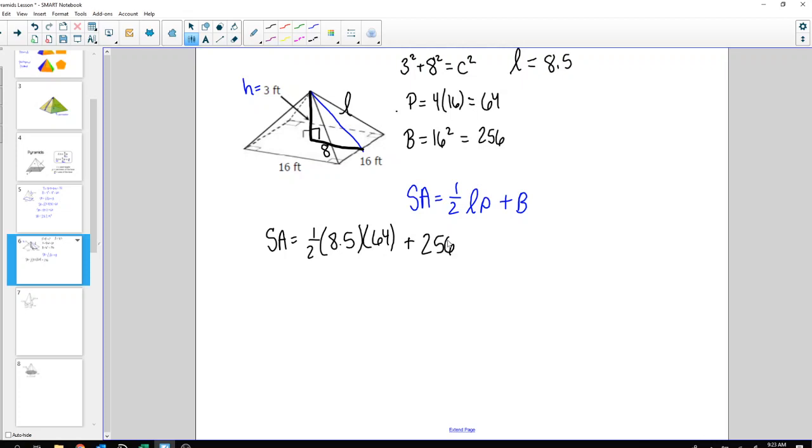So 1/2 times 8.5 times 64 is 272, plus 256 gives me a surface area of 528 units, which in this case is feet, and then always squared for surface area.